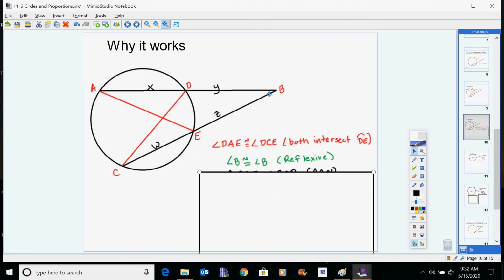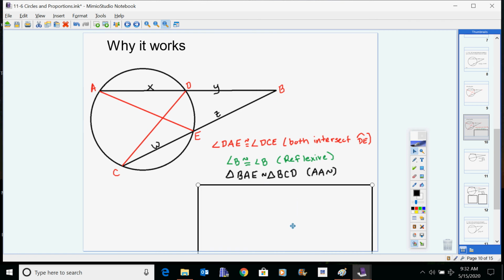Angle B is congruent to angle B. That's reflexive. So we've got an angle, angle. We have the two triangles are similar. Triangle BAE and triangle BCD are similar.